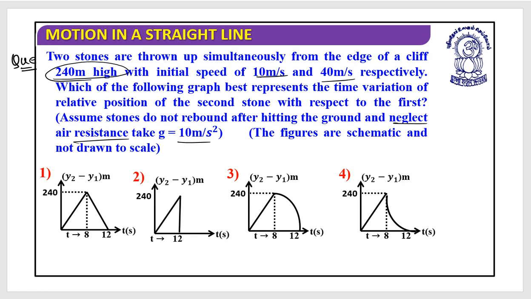Now look at this. If you attempt this in the examination, what you require is just a simple schematic. When I say schematic, I just work on the shapes. I don't need it exactly.